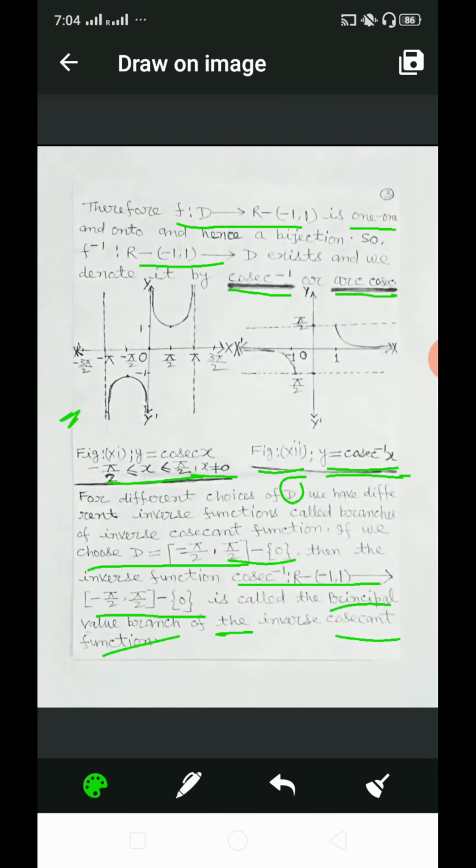The range with branch minus pi by 2 to pi by 2 minus 0 is called the principal value branch.